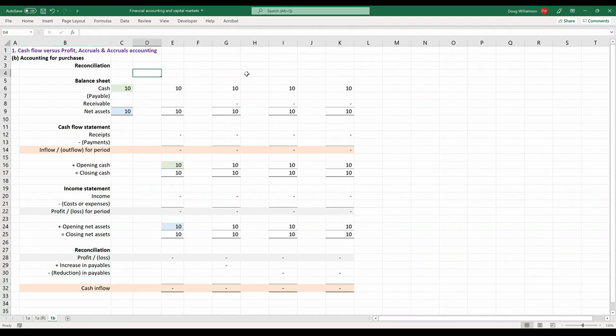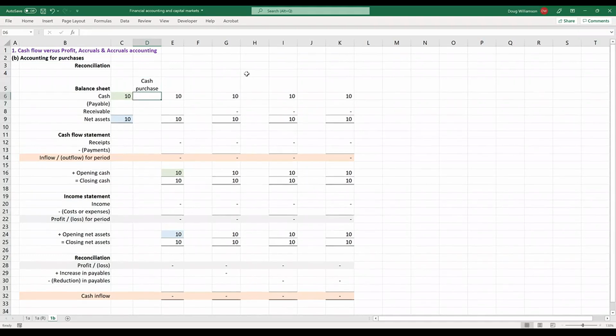So first of all, let's have a cash purchase. In other words, we need something, let's say it's a service, and we pay for it straight away, and let's say that costs us 5. Our cash will go down. It's a payment of 5.